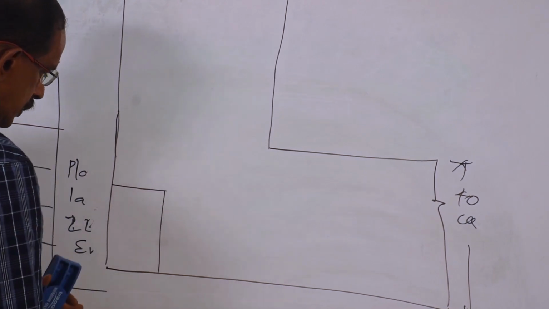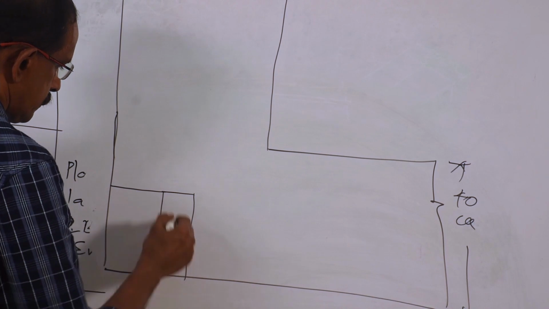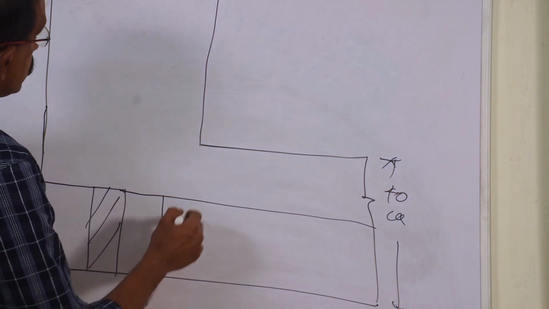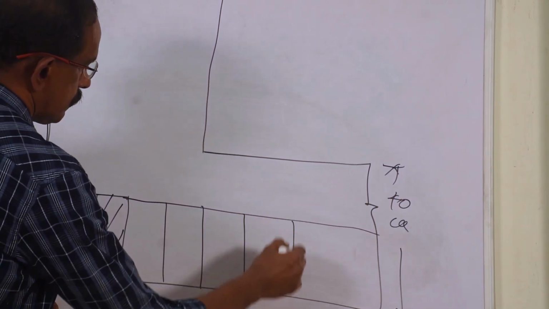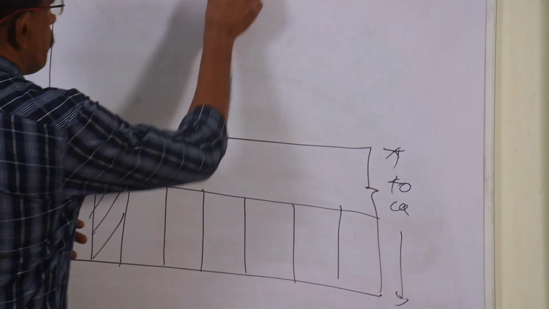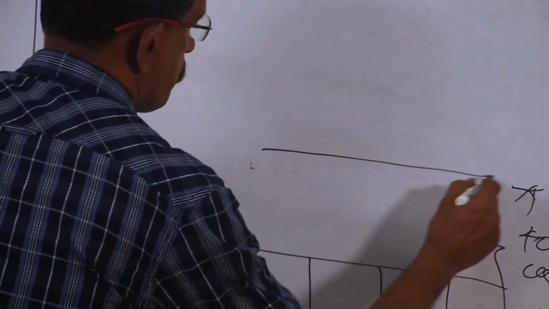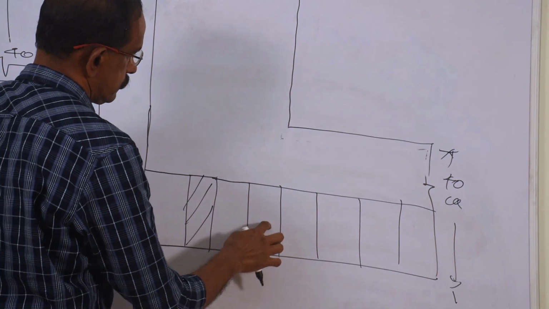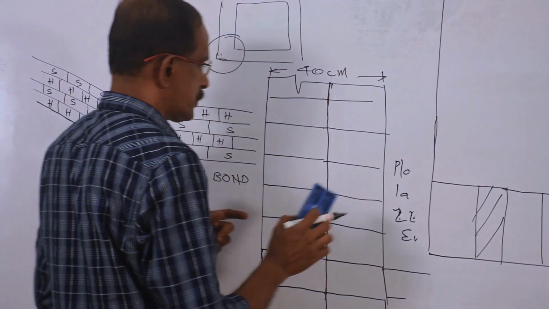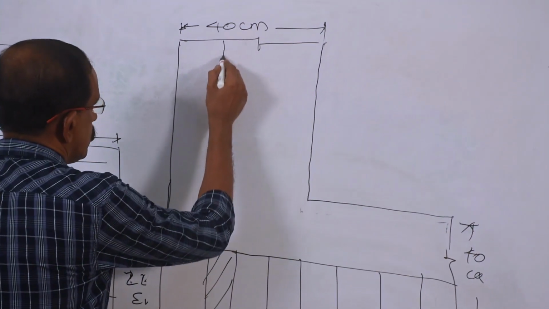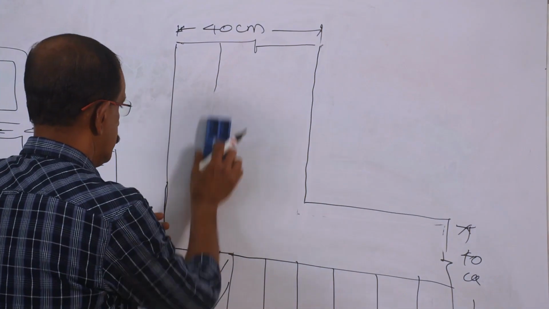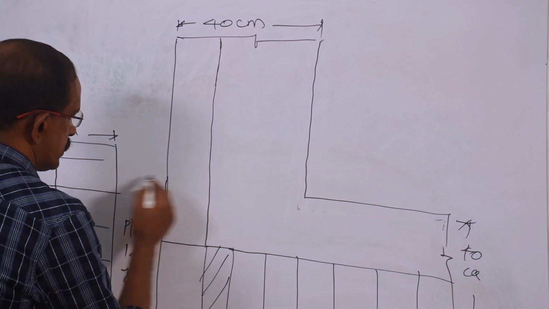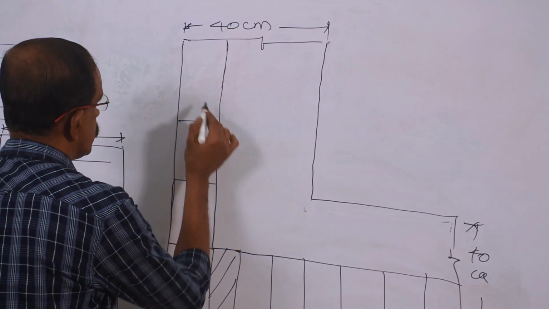So first one, so that you can see the elevation header, then queen closer, then header. Okay. In this direction, side you can see stretchers. Stretchers in the side. So the top view is like this.